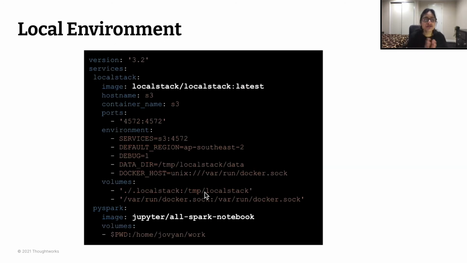There are a lot of containers or simulators available which you can use to mock the environments that you have been using. This is again one of the examples. There's a local stack available through which you can mock the AWS environment, and for Spark you can use this particular image. So try to find the images or Docker containers or simulated clusters through which you can run your test locally.